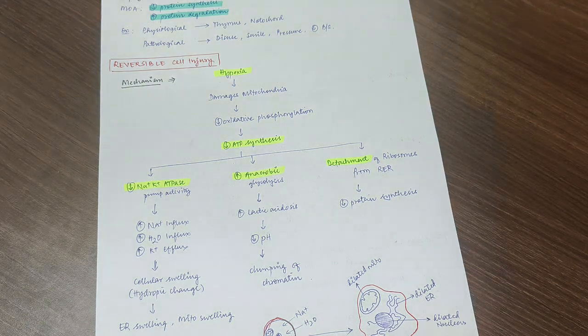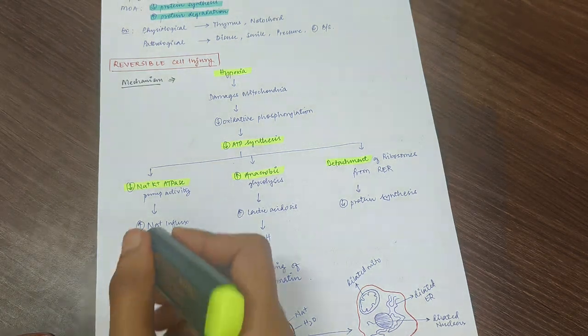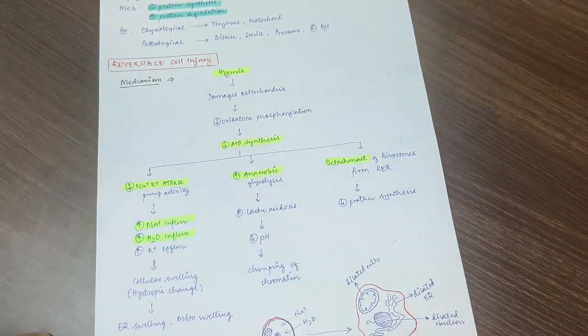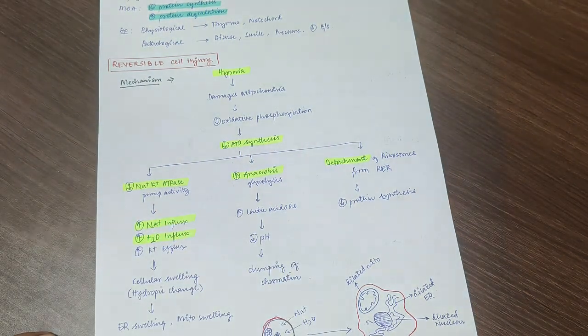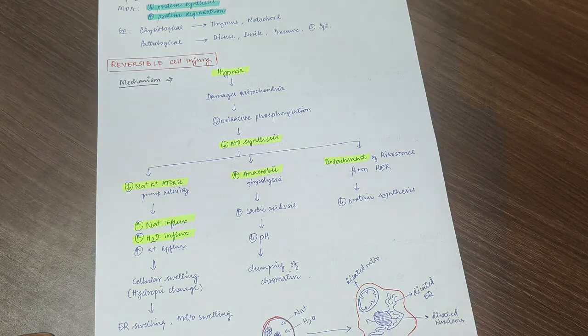And wherever water goes, glucose goes. These are the 3 idiots, friends, you must never forget: sodium, water and glucose. They always go together in our body. Next, if there is increased sodium influx and increased water influx into the cell, what will it lead to?